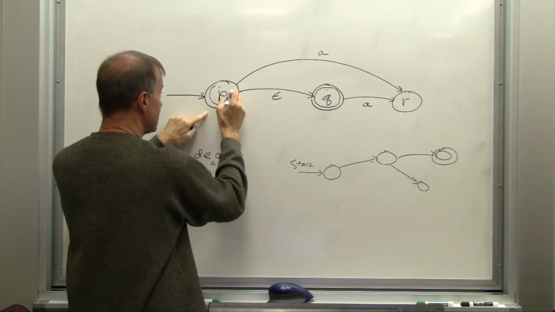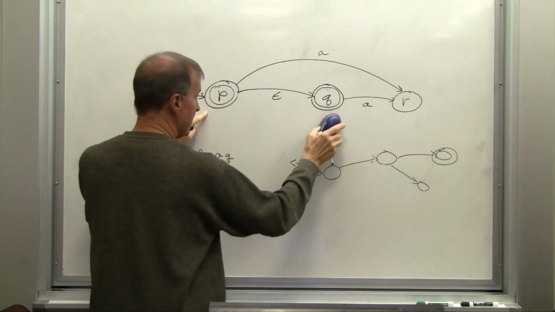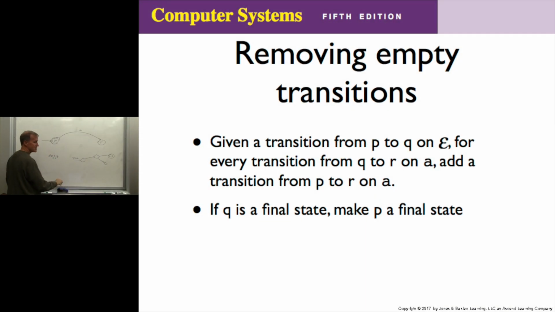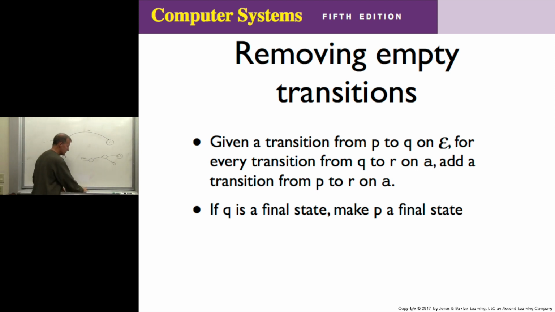This has to be a final state before you, and then you can eliminate it. See, because it's possible to get in the original machine, if it's possible to get to Q on the empty transition, and it's a final state, then P has to be a final state also. So that's another rule.